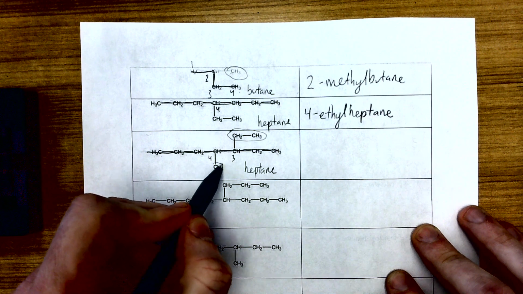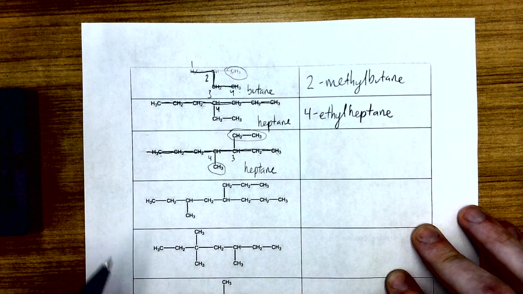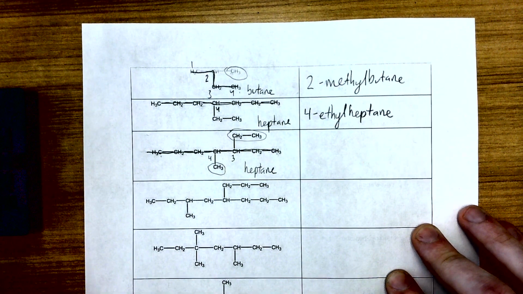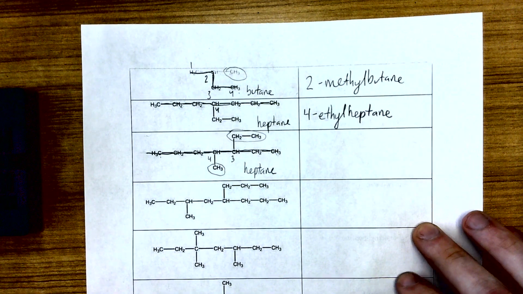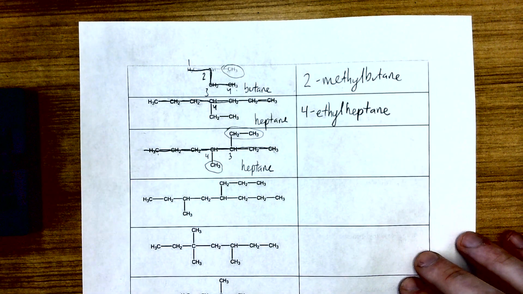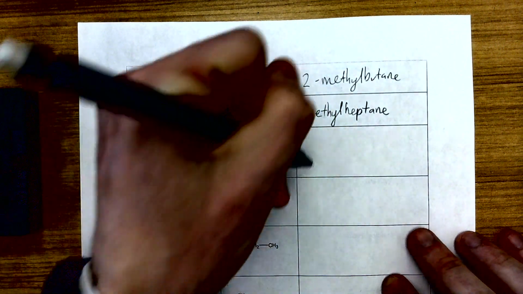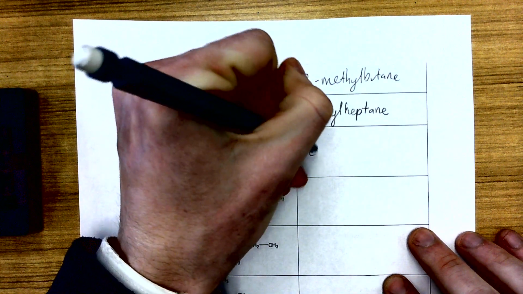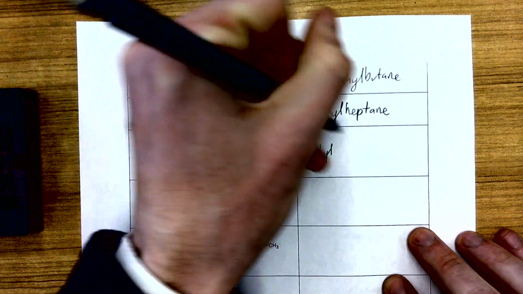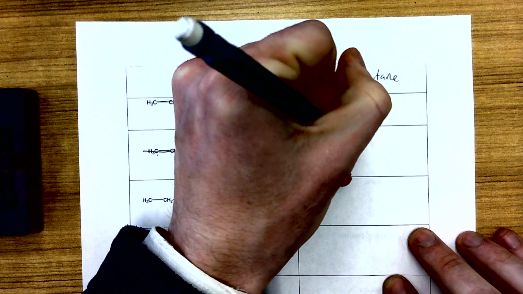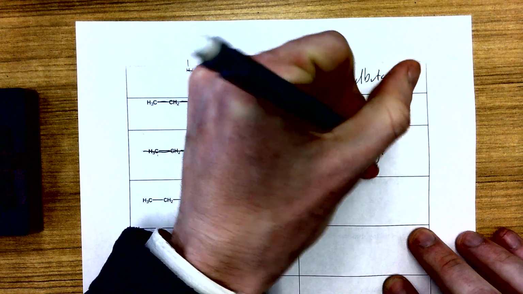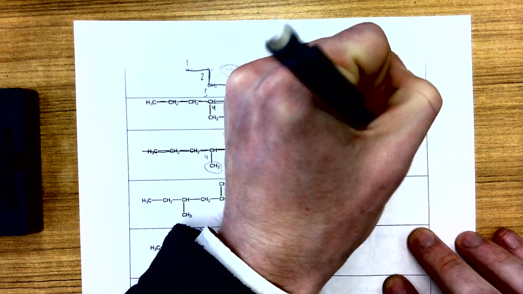What's coming out of the 4? 1 carbon, which is meth. And I need to make a decision about the alphabet. E comes before M, and so ethyl will be named first. 3-ethyl, 4-methylheptane.